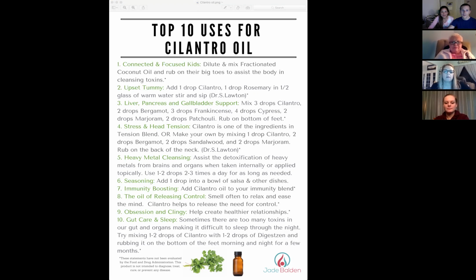So cilantro is very different to coriander. Did you know that it's different? Some people think that cilantro and coriander are the same thing. doTERRA actually has coriander oil, and we also have the cilantro oil, and they're both very, very different to each other.